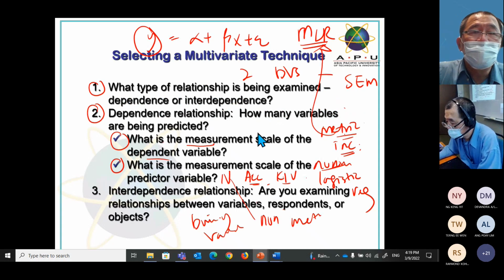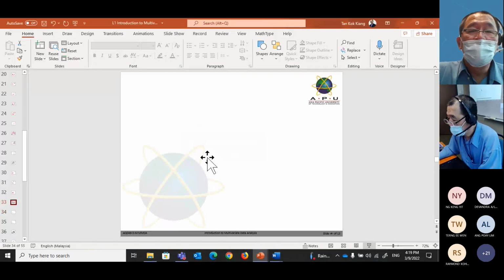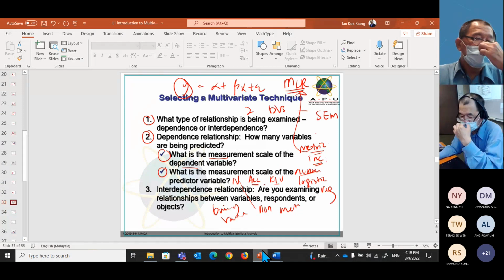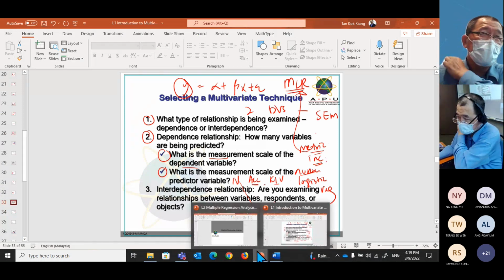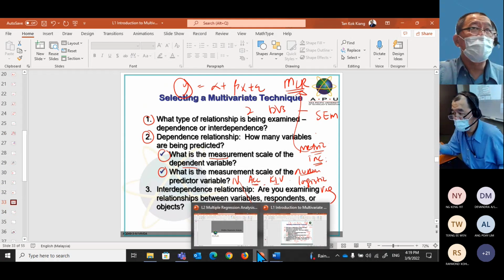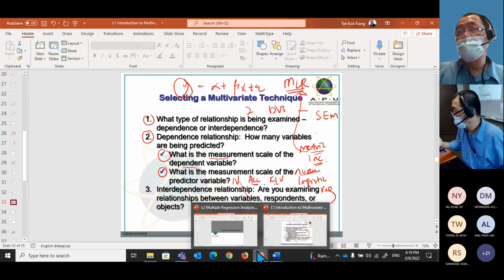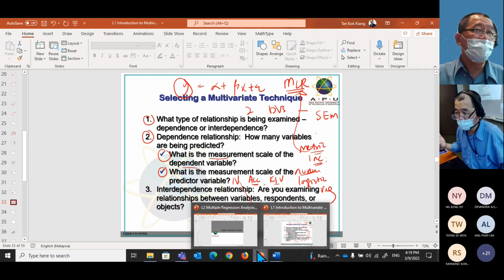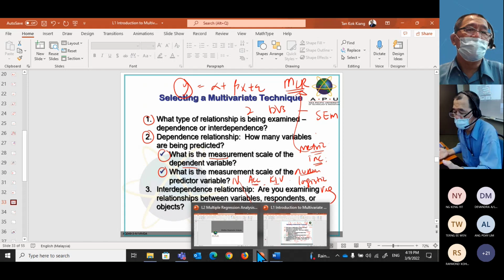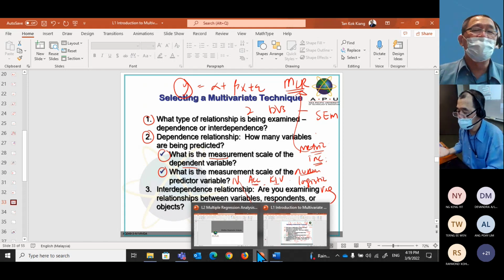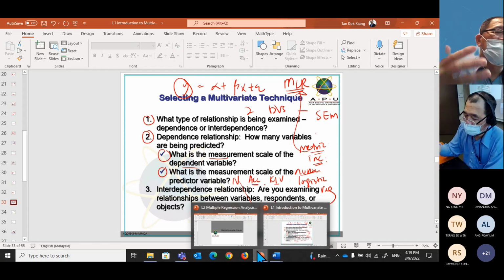Okay, so as I mentioned yesterday, sometimes we can determine what data you want. Let's say you want your data to be metric or non-metric. Sometimes you can determine, sometimes you cannot. Let's say data from the Silcom, therefore you just use it. You cannot change it anymore.